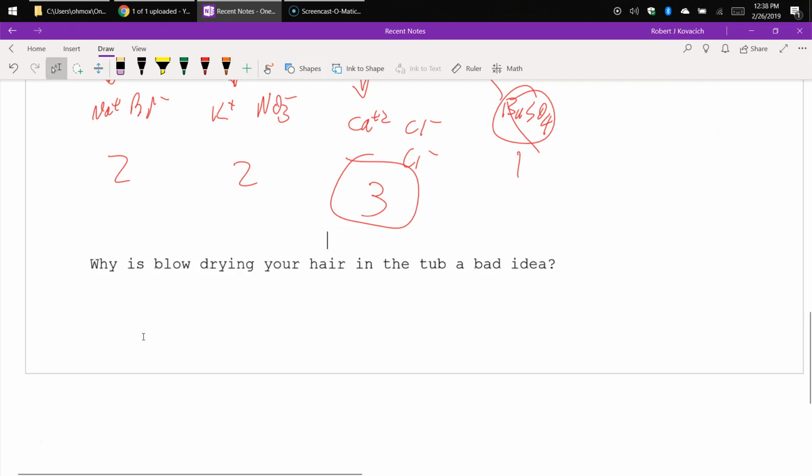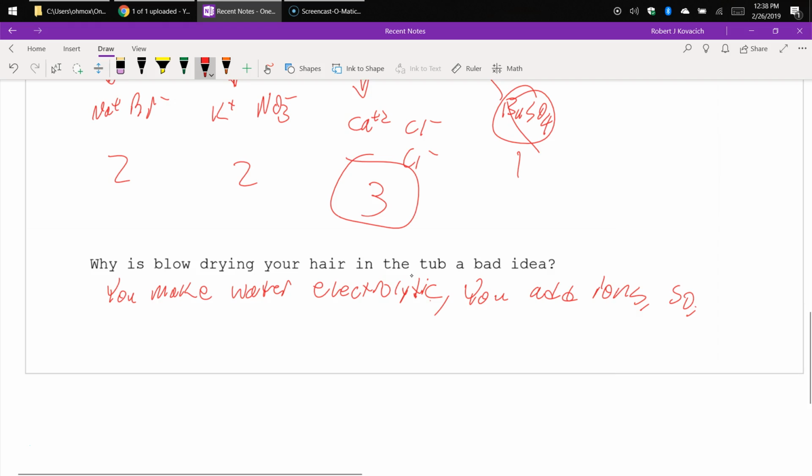This one's kind of silly, but you make water electrolytic, meaning you add ions.